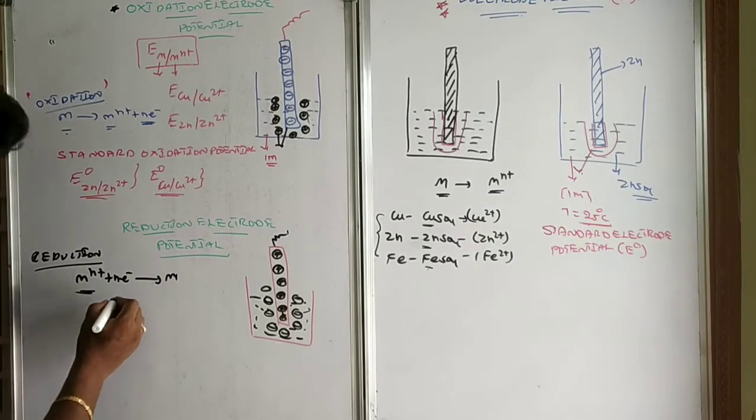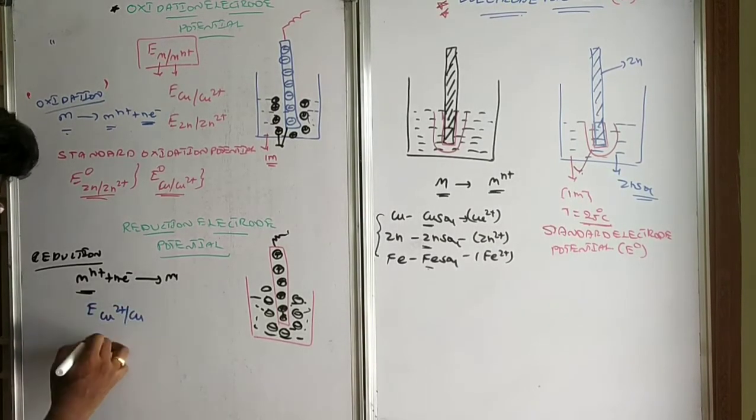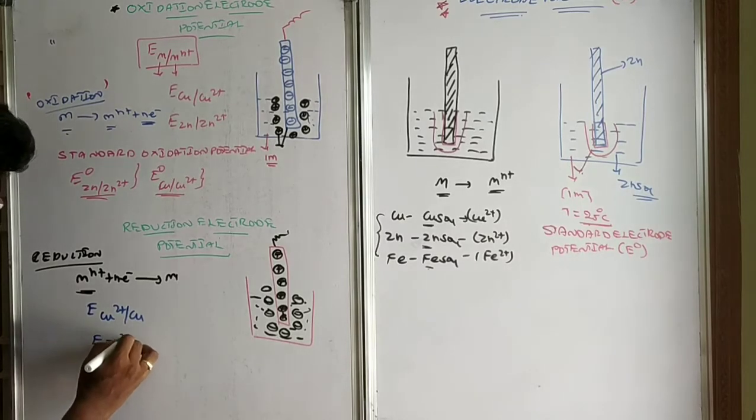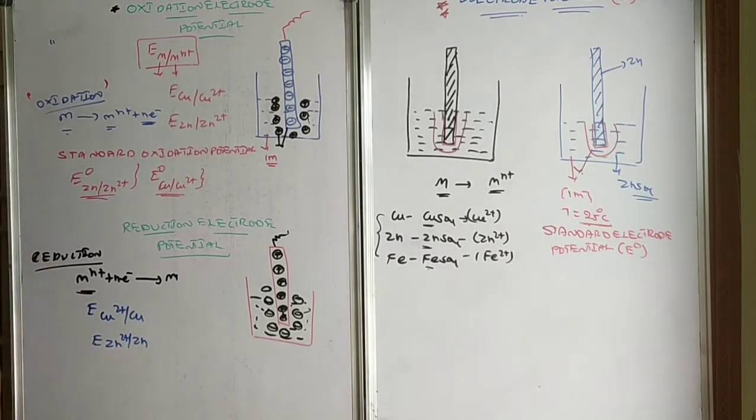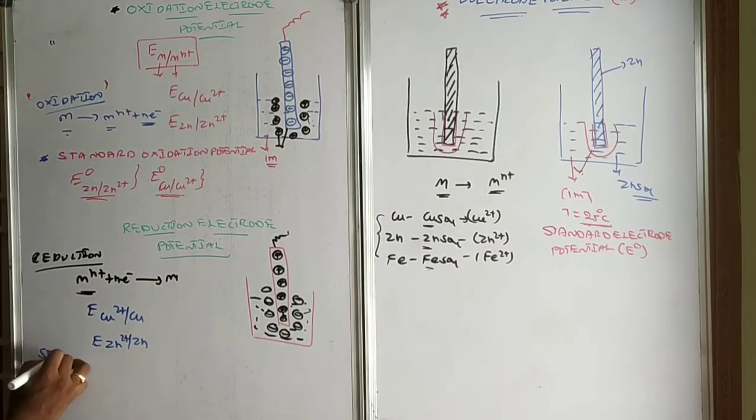If you can see here, E(Cu2+/Cu), E(Zn2+/Zn) will come. What is the standard reduction potential?